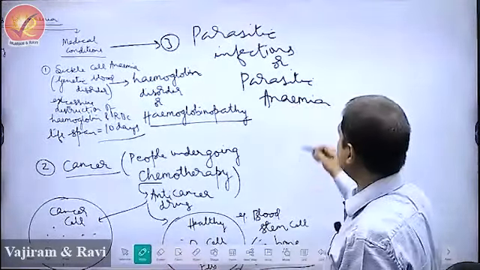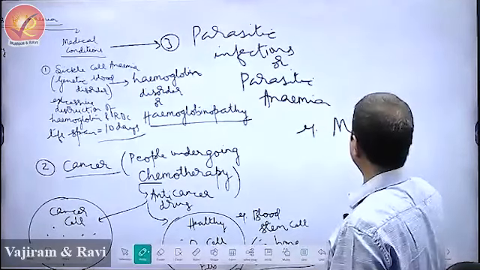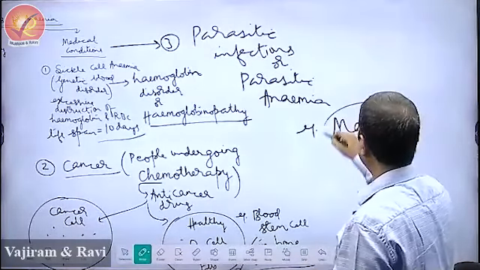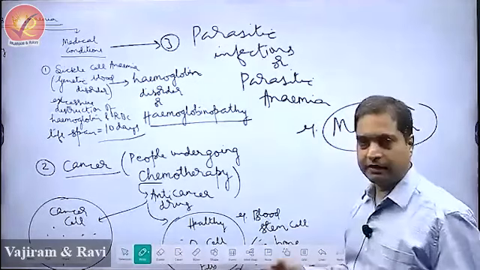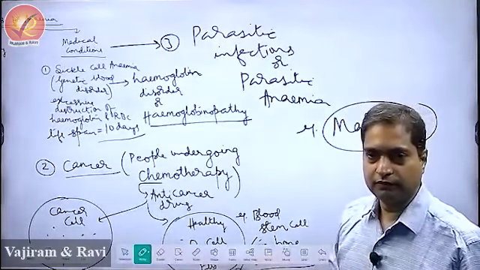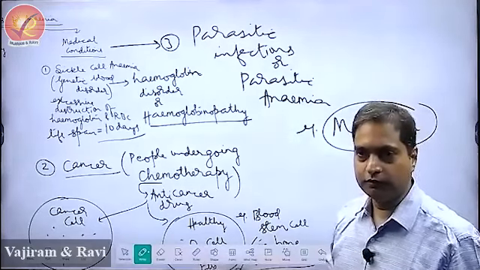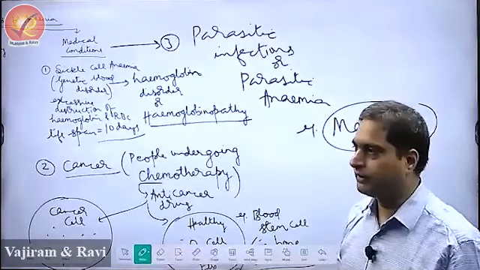One common example you can write is even malaria also can cause what? Anemia as a parasitic infection. Although it is transmitted by a mosquito acting as a vector.